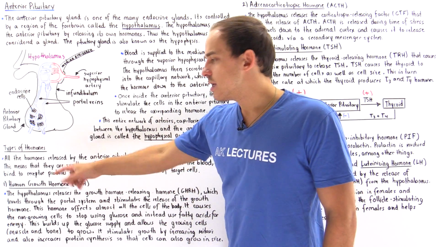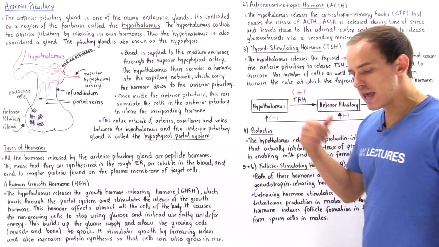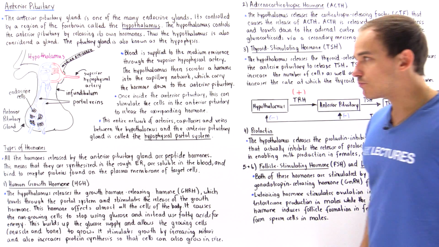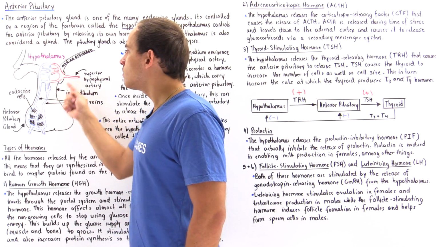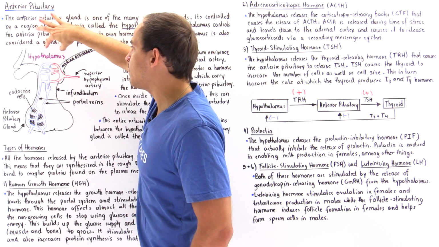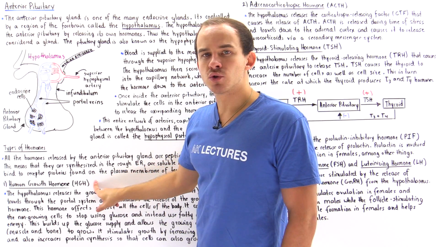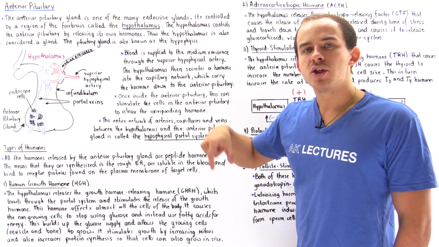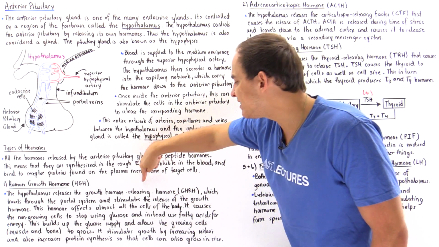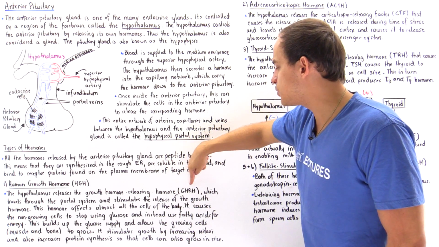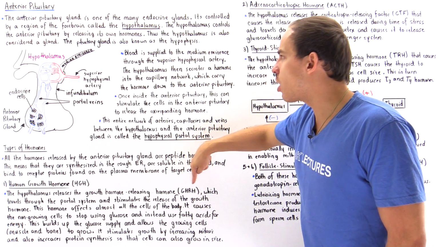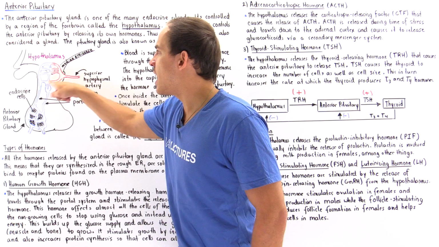Let's begin with the human growth hormone, also known as the growth hormone. So basically the hormone that is released by the hypothalamus that stimulates the release of the human growth hormone is known as the growth hormone releasing hormone, or GHRH. So GHRH is released by the hypothalamus.